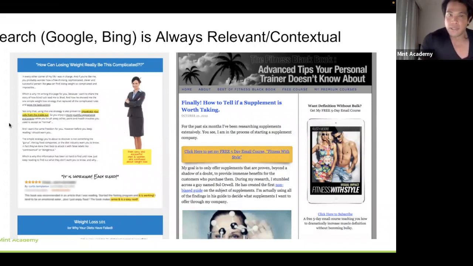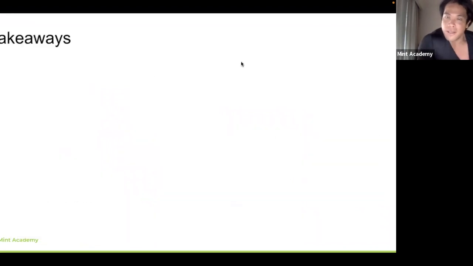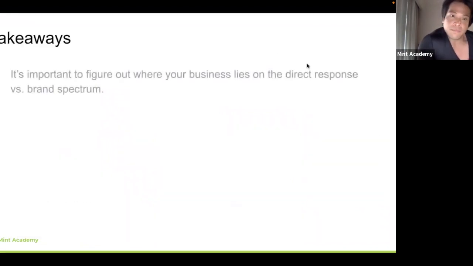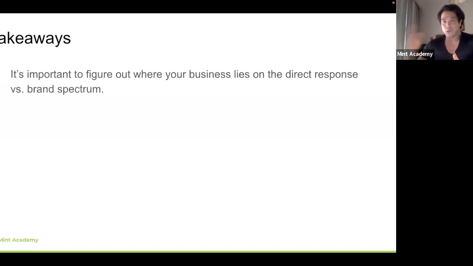All right, so takeaways from this. I think this lecture is pretty quick, but takeaways. It's really important to figure out where your business lies on the direct response versus brand spectrum. That table that I showed will help. Again, if you're looking for lifetime value off of a user, you probably want to err towards brand.